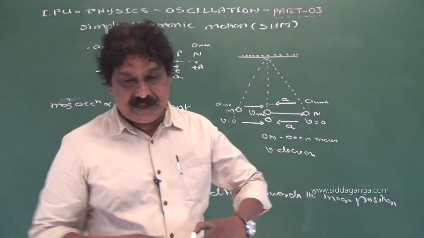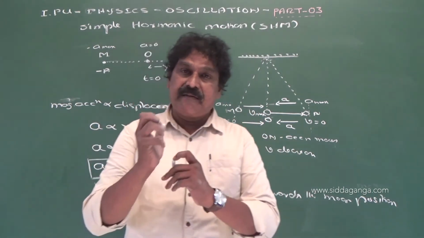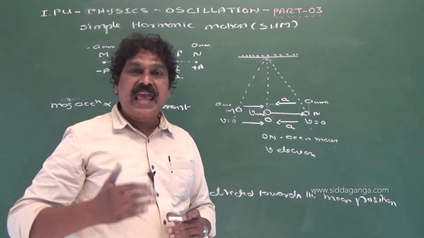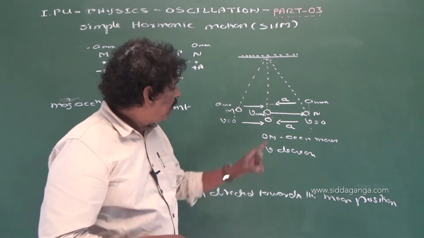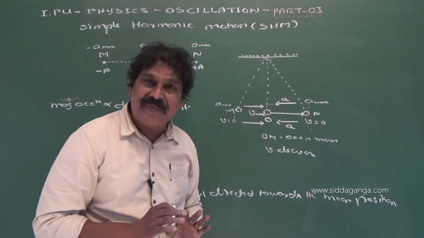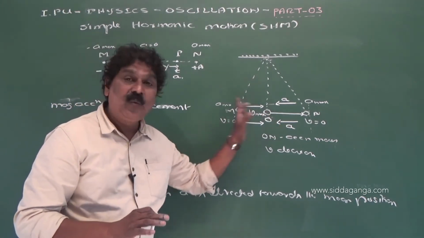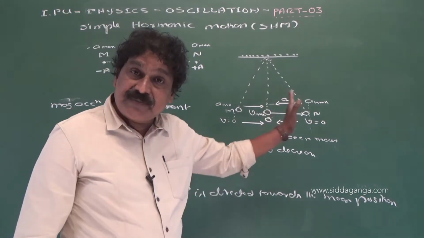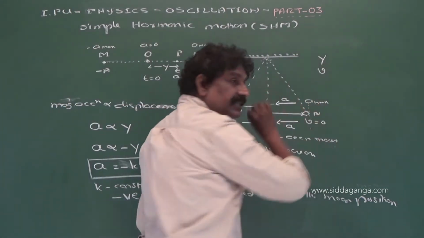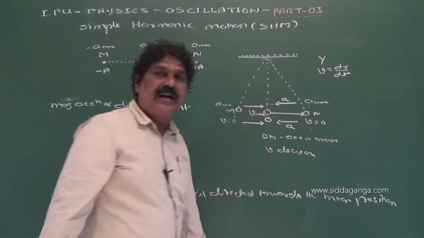Students, in order to understand a concept in physics clearly, we have to feel every aspect of it, every moment: what is happening at O, what is happening at N, what is happening between O and N, and again what is happening at M, what is happening between O and M. We see here displacement y is changing with time, velocity is changing with time, where velocity is equal to dy by dt, the time rate of change of displacement.